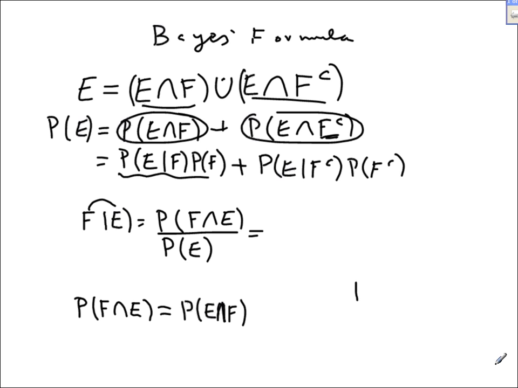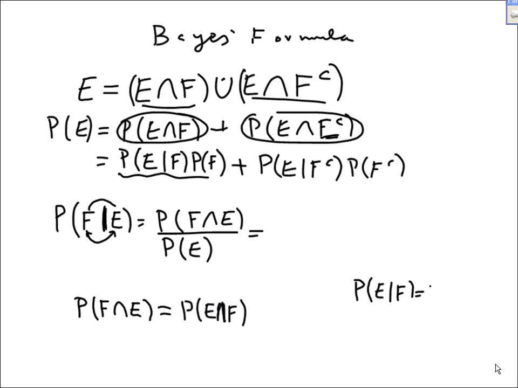But now, if you consider the probability of E given F, in Bayes' formula, we want to be able to interchange the locations. We want to interchange the location of what's given and what we want the probability of.